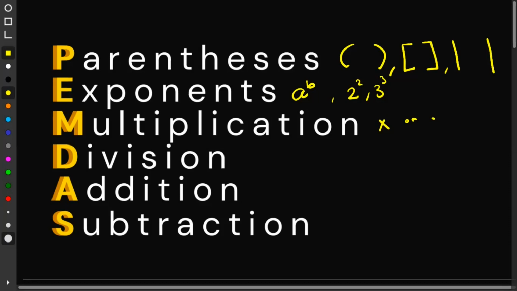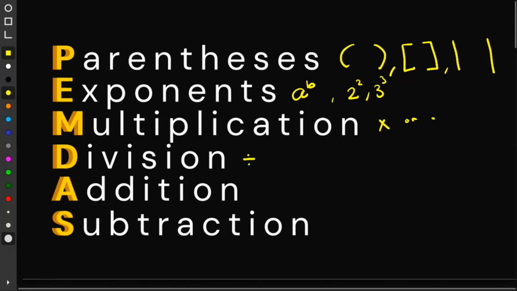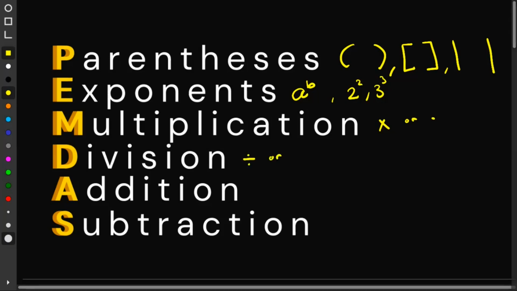For division, we denote this by this symbol or the fraction symbol or this kind of fraction. For the addition, we denote it by the plus symbol, and for the subtraction, we denote it by the minus symbol.